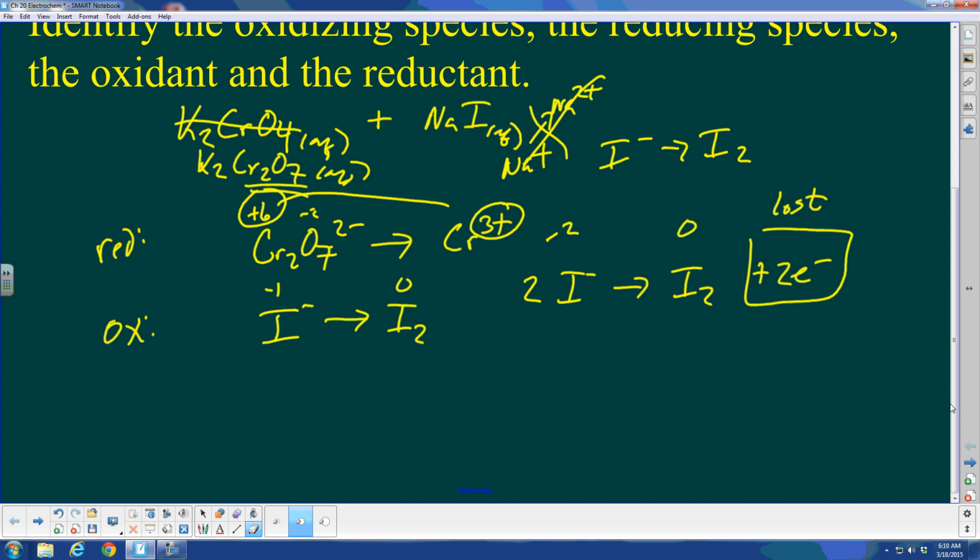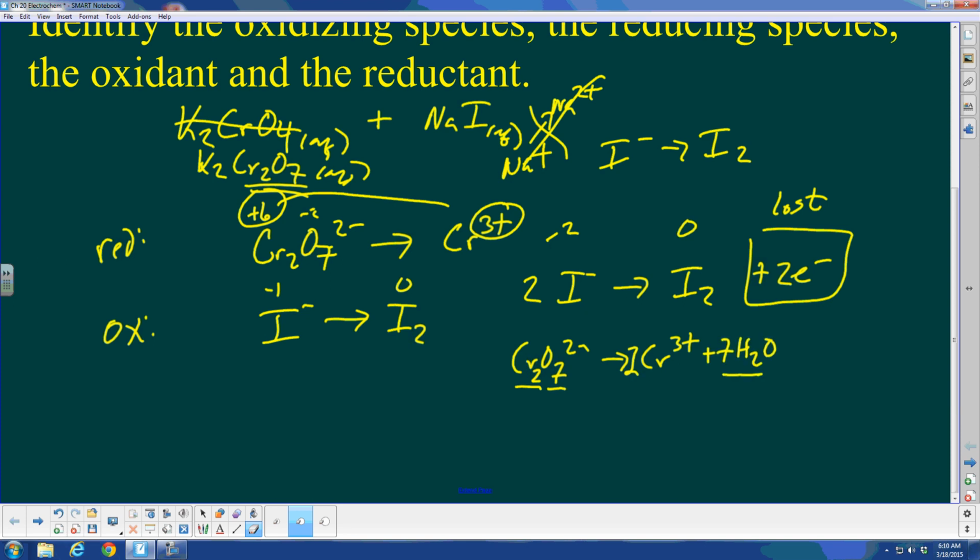So now let's take a look at my a little more complicated dichromate going to chromium 3+. First thing I want to do is balance my atoms. Notice I have 2 chromiums here, so I have to put a big old 2 right there. Great. Now I have 7 oxygens, so I need to add 7 waters.